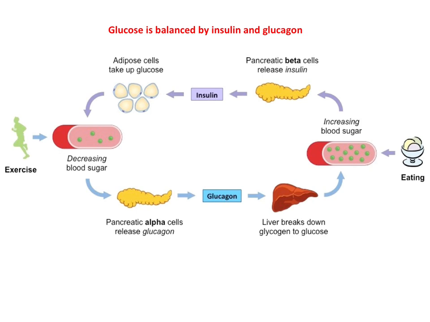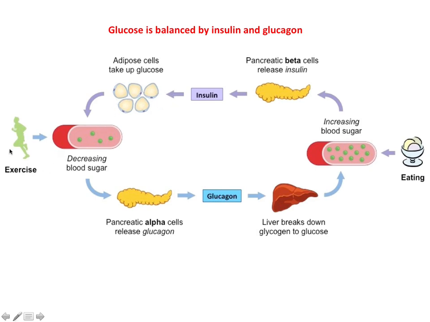Finally, in this picture, you can see how glucose is balanced by the insulin and glucagon hormones. From the right side, once you eat, there is an increase in blood sugar level. Once blood sugar level increases, the pancreatic beta cells start releasing insulin, which utilizes the glucose and converts it into glycogen.